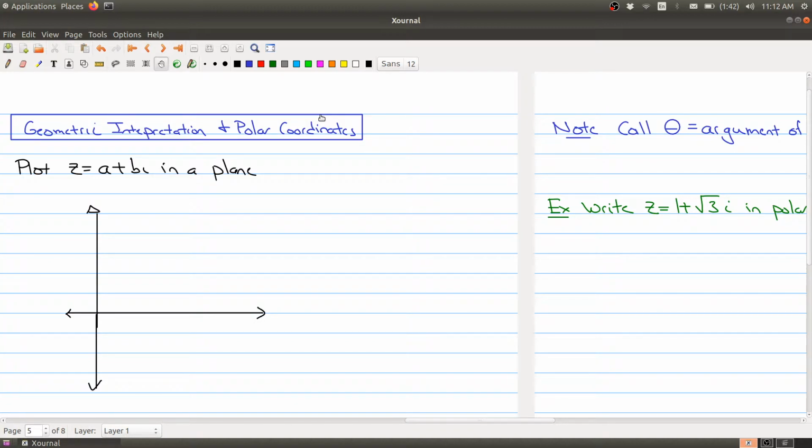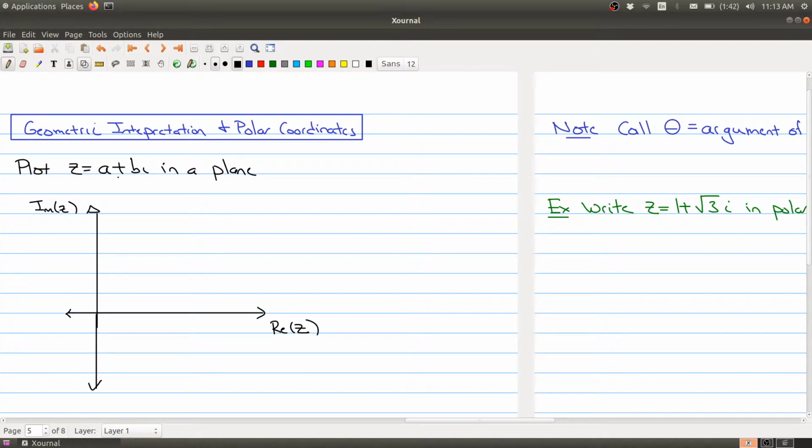So the big idea about representing complex numbers is to draw them in the plane in the following way. You have a complex number a + bi, and you're going to make a plane where you put the real part of z on the x-axis, and on the y-axis you put the imaginary part of z.